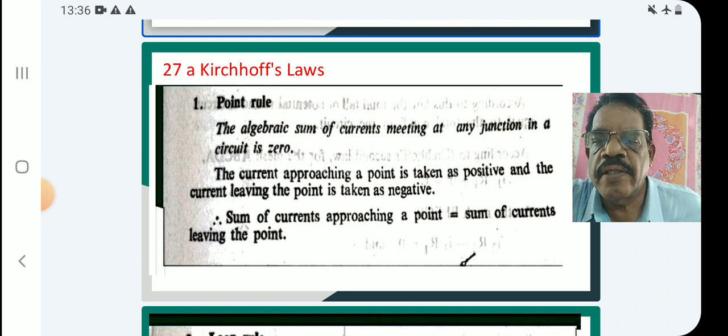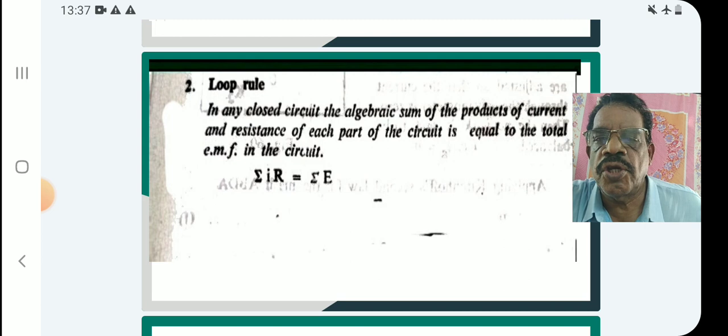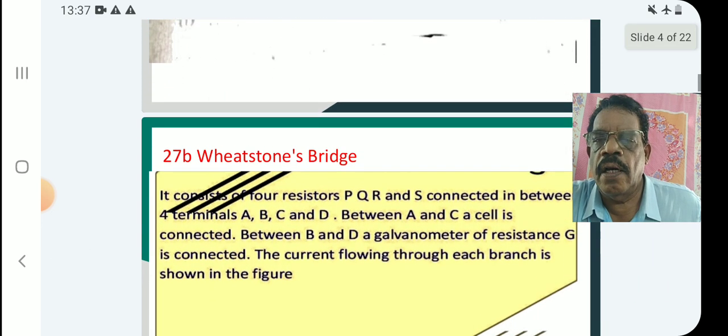Therefore, the sum of the currents approaching a point is equal to the sum of the currents leaving the point. That is the first law. The second law is, in any closed circuit, the algebraic sum of the products of current and resistance of each part of the circuit is equal to the total EMF in the circuit, that is sigma IR is sigma E. These are the two laws.